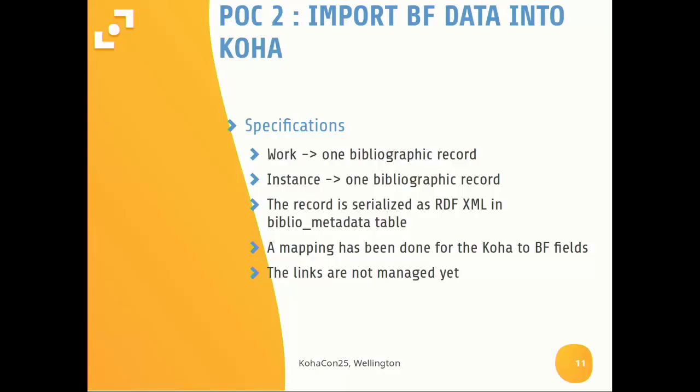The record is saved as RDF XML in the biblio metadata table. And we started a mapping for the Koha to Bibframe fields in the same way as the Koha to MARC mapping. And for these first proofs of concept, we did not manage the link, the relation between instance and work.